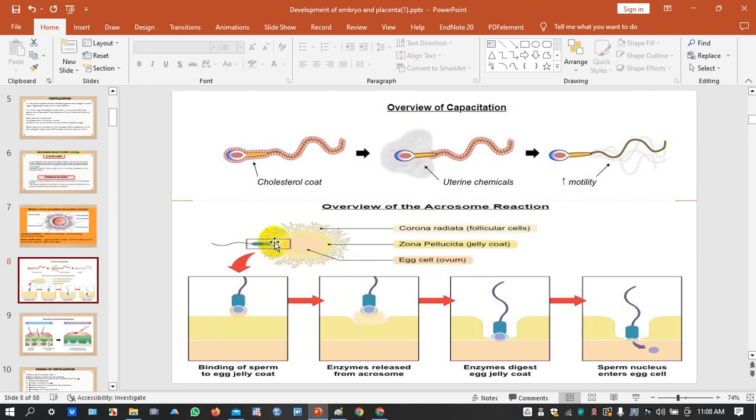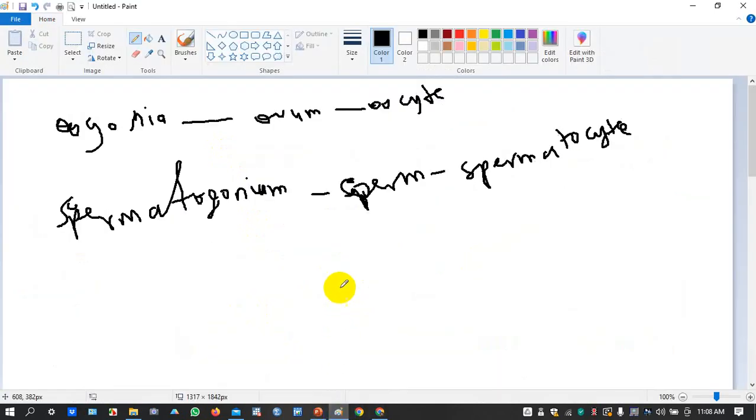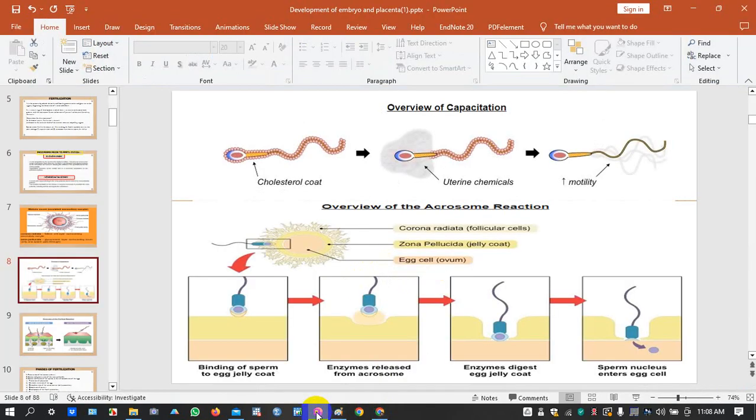So when the head of the sperm touches, and the head of the sperm contains something we call the acrosome. Acrosome, we'll see it later. So when it touches the zona pellucida, this yellow thing, this is the outside.